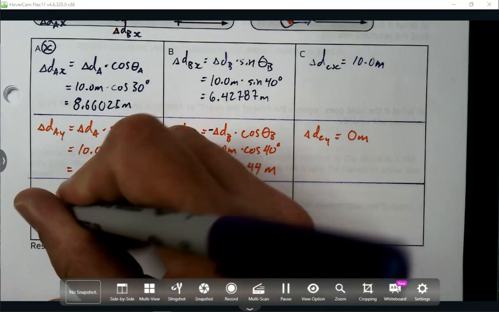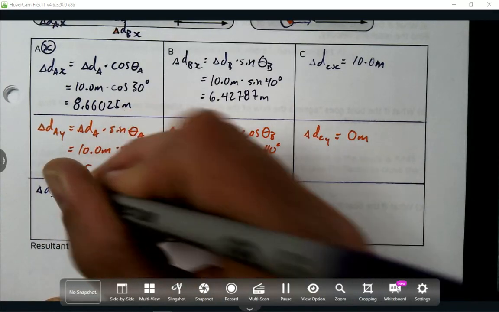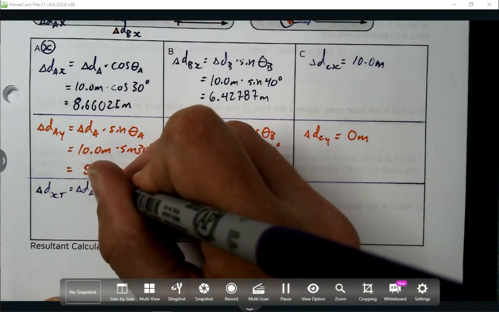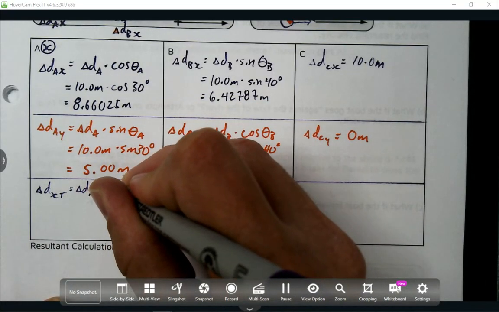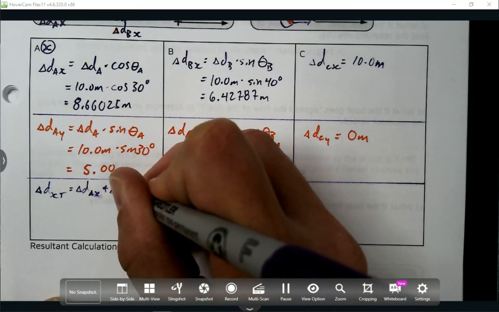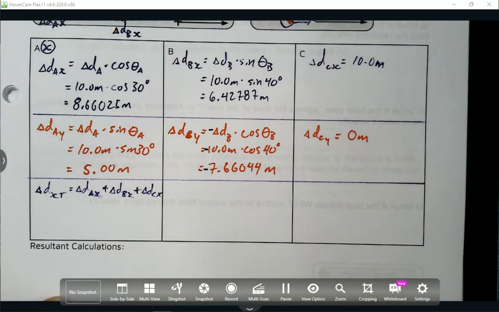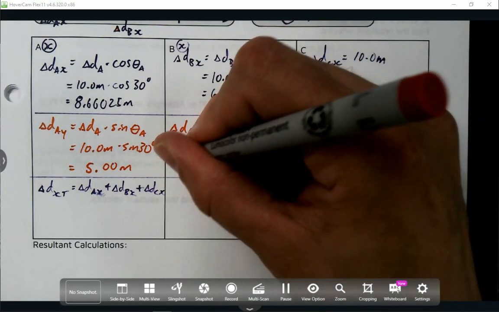What I want to say is delta d x total is delta dAx plus delta dBx plus delta dCx. And I've got x information right up here. I've got y information here.